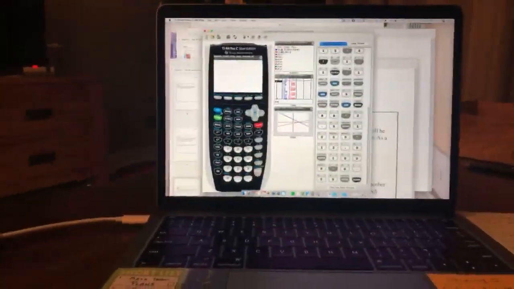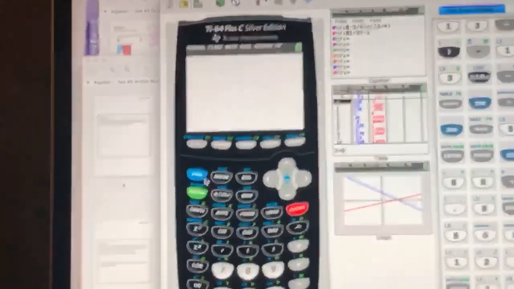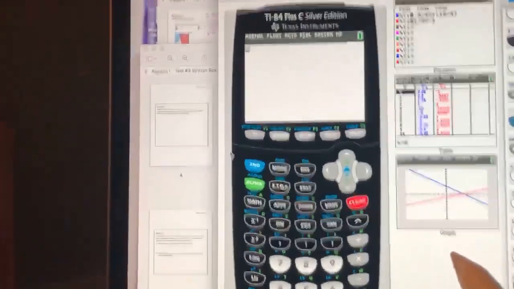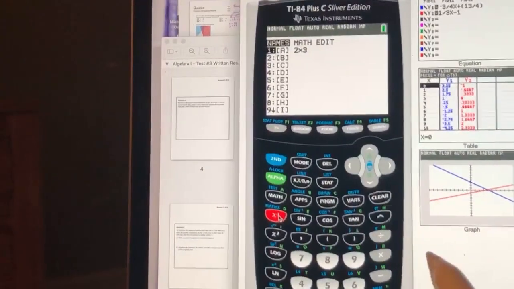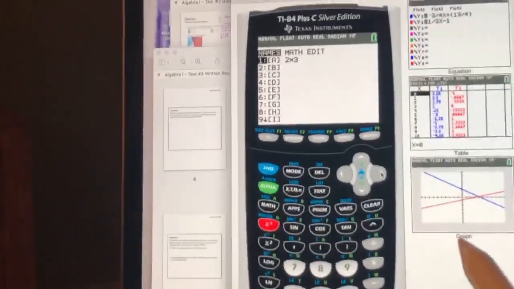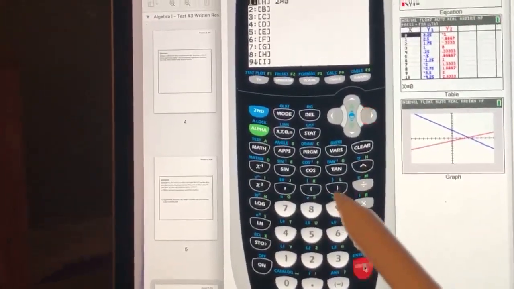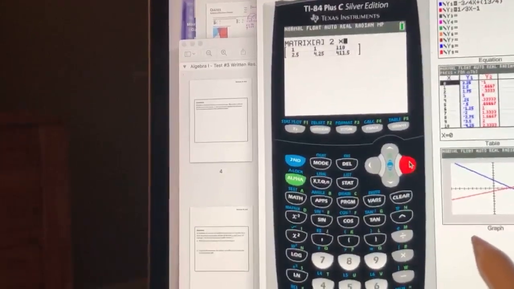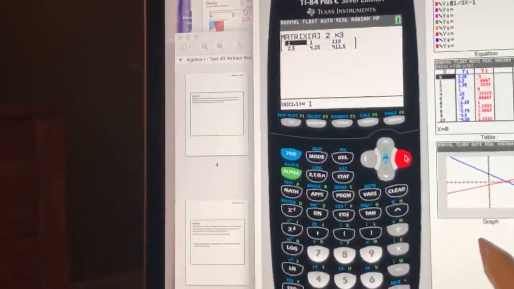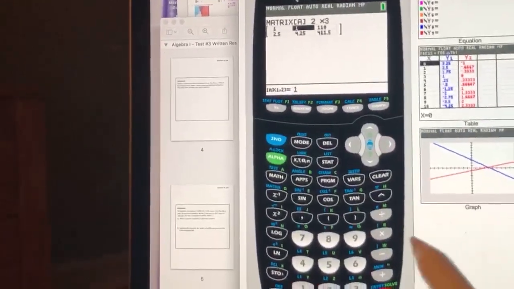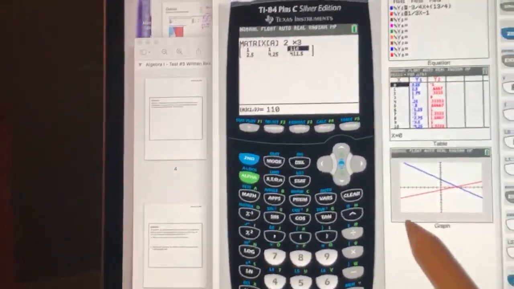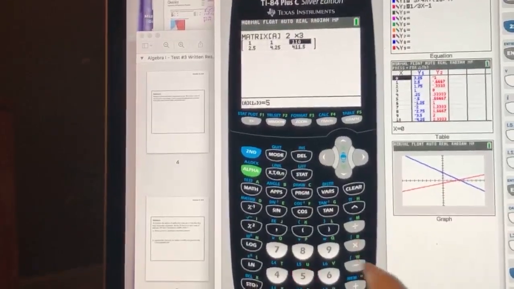Does that work? Okay, so we're going to go into second, x to the negative 1. I already have a 2 by 3 there, so we have to edit it. Great. All right, so we're going to type in, our system was S plus L, which means 1S plus 1L equals 50.